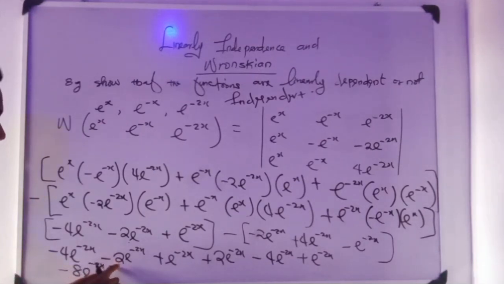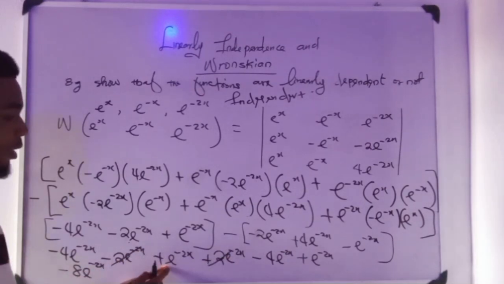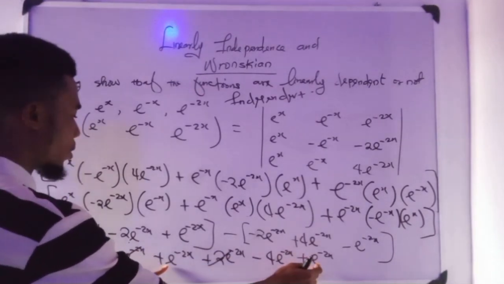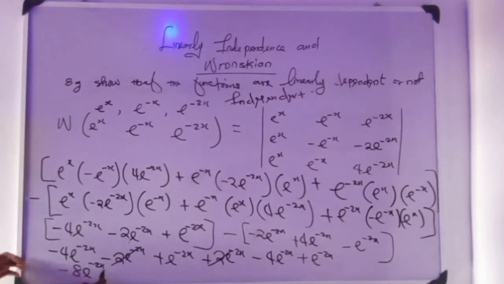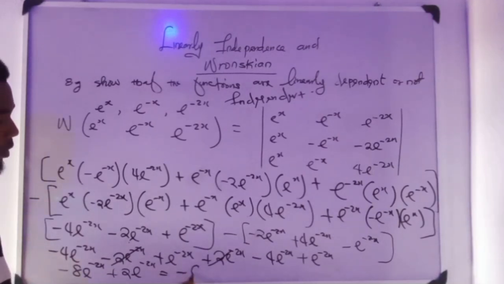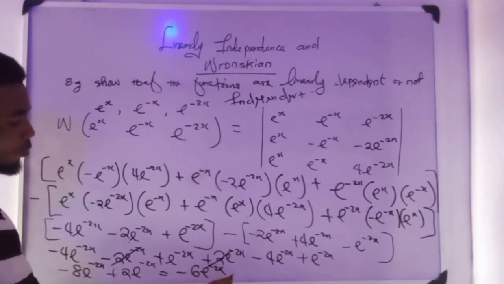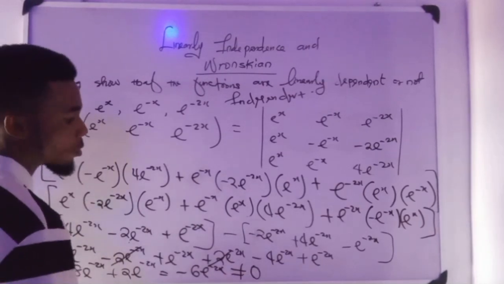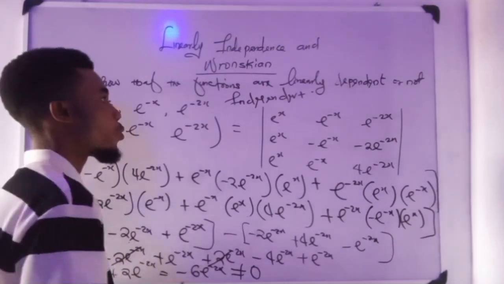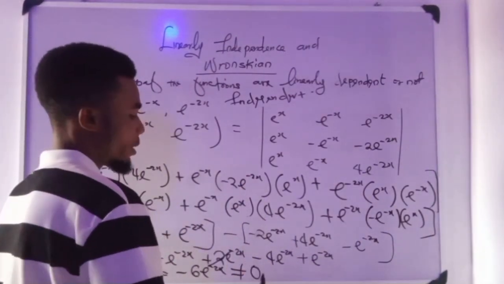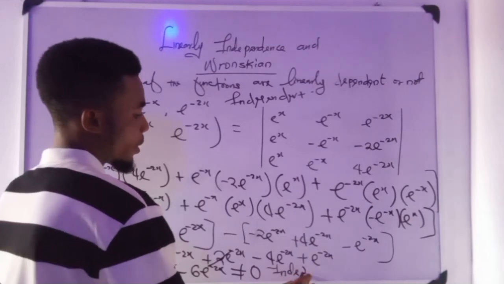Now I have a minus 2 exponential and a plus 2, so this cancels out. Now I have exponential of minus 2x plus exponential of minus 2x, which gives me plus 2 exponential of minus 2x. So this is minus 6 exponential of minus 2x, which is not equal to 0. So we can say that the functions are linearly independent.